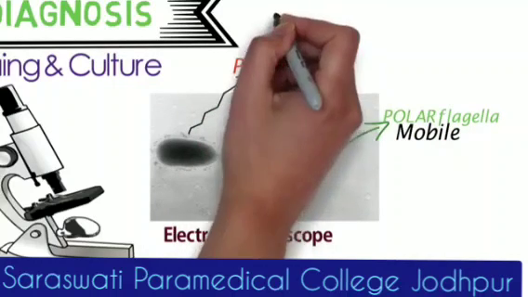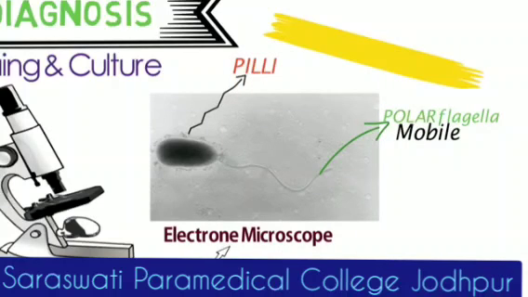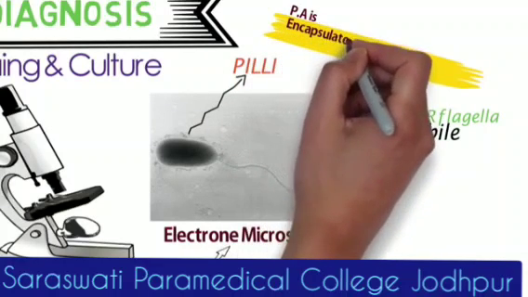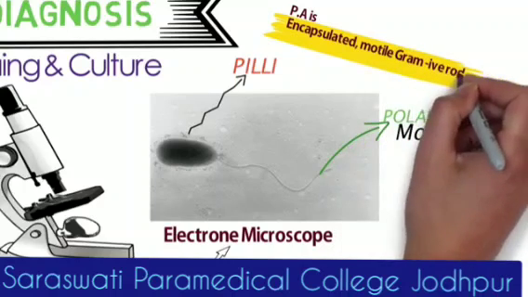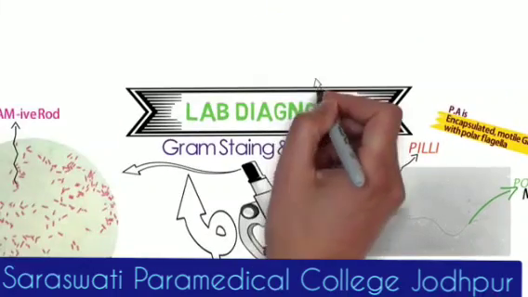It has pili. We can summarize the morphological features in this way, that Pseudomonas aeruginosa is a motile gram-negative encapsulated rod with polar flagella.